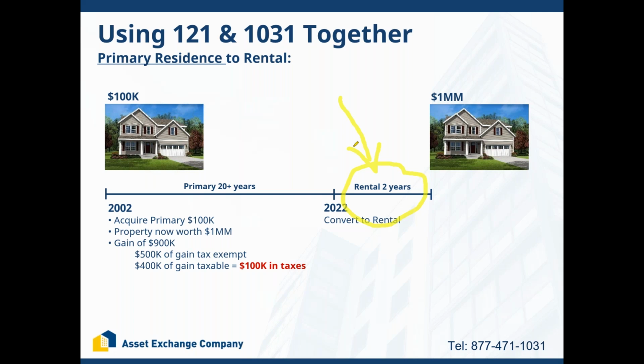That's why I have a guest speaker on the call today, because there are investment properties called DSTs that you can own that are completely passive. So for a 75-year-old person who is employing this strategy, they might not want to go out and buy a 2-unit building or a 4-unit building or a rental property. But if they can exchange into a passive investment that cash flows 4 to 6%, that they don't have to manage, that might be a perfect strategy for this client.